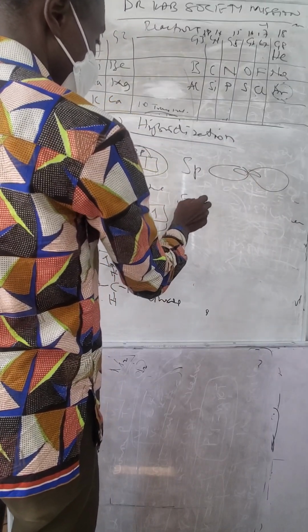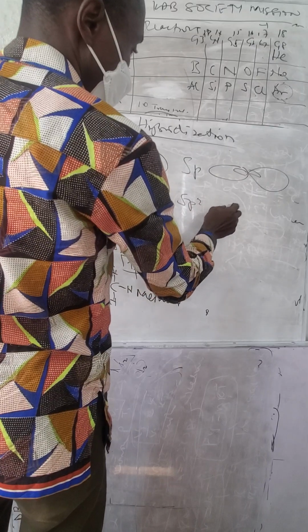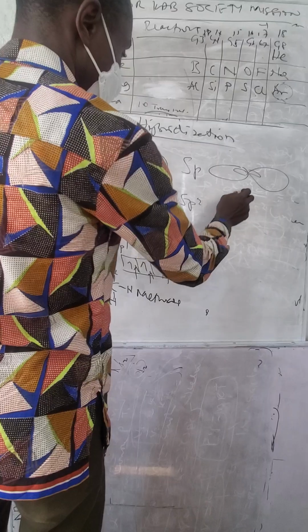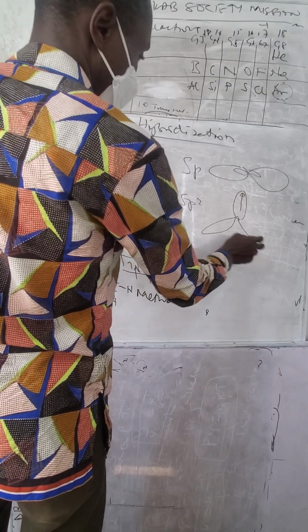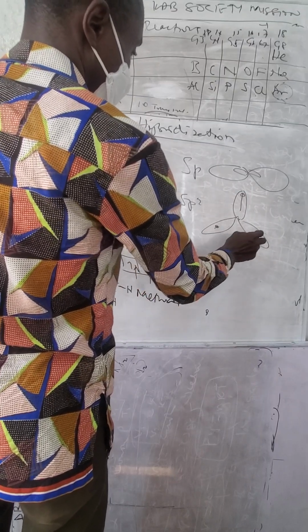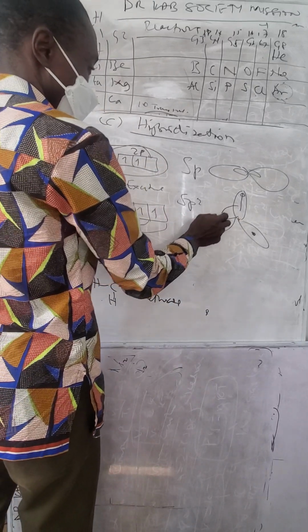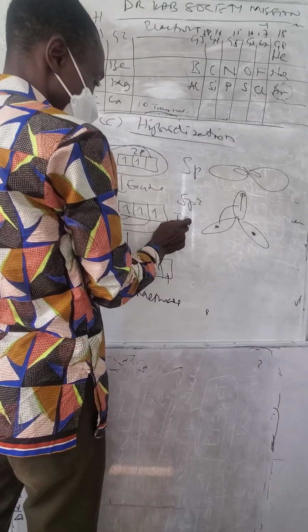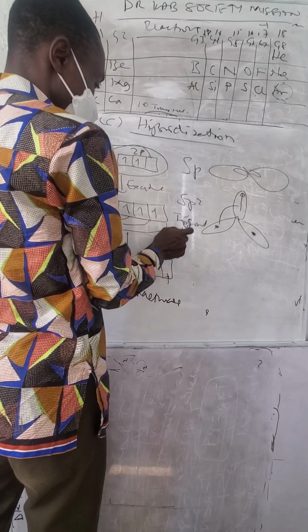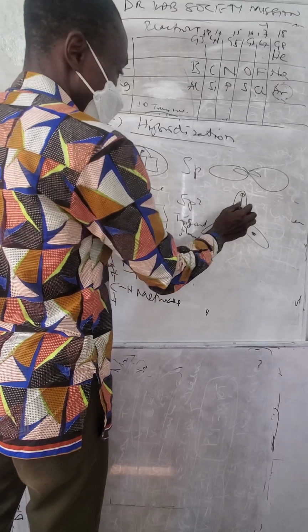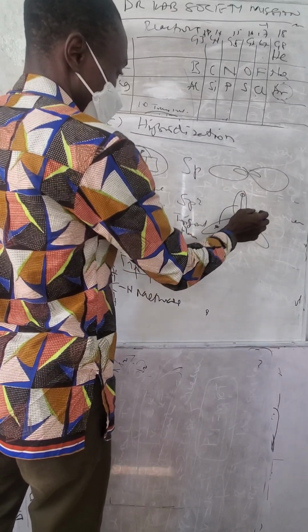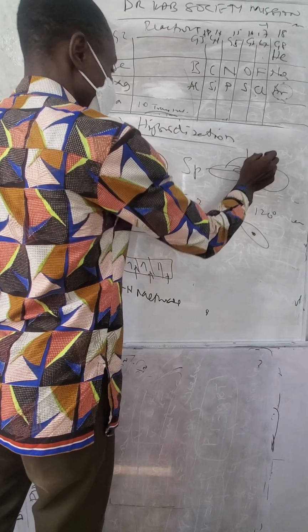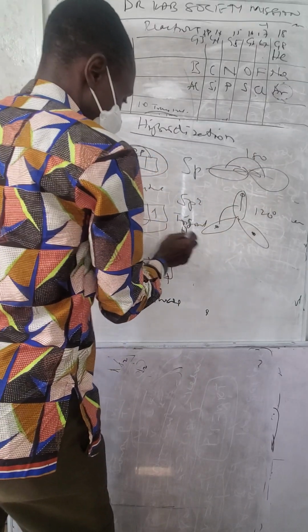This sp2 is like that. So we have 3 bonds. It's planar, so this is trigonal planar, it means it's in a plane. And this angle, if you divide 360 into 3, is about 120 degrees. This one is a straight line, so it is about 180 degrees. And this is the trigonal.